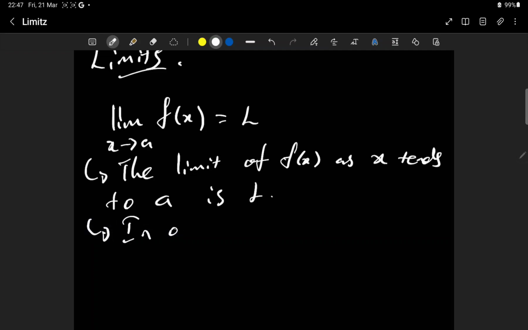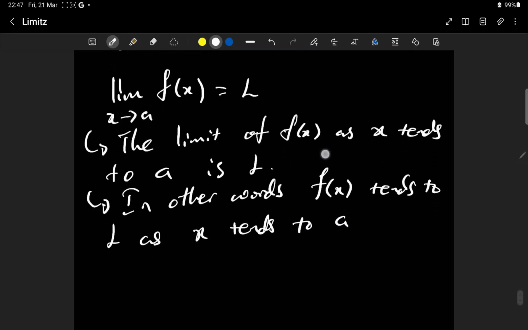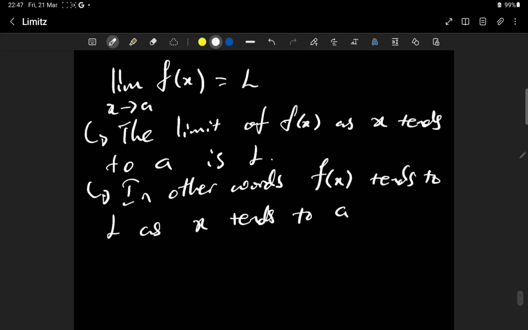In other words, f of x tends to L as x tends to a. So this is how we read this notation.